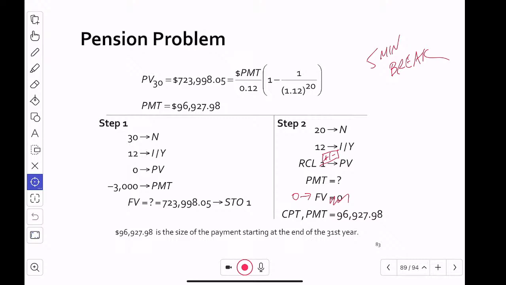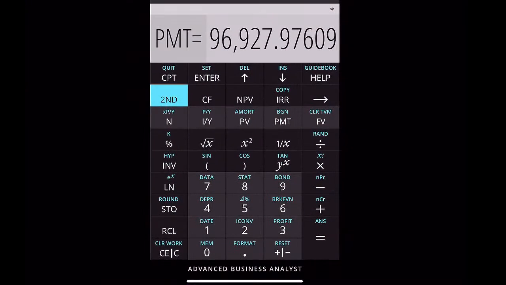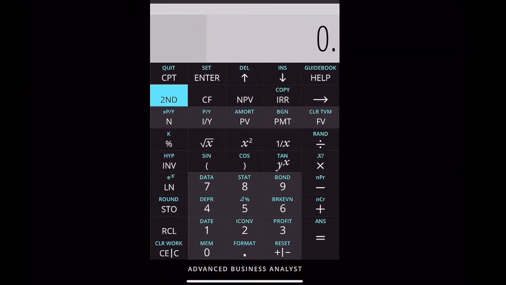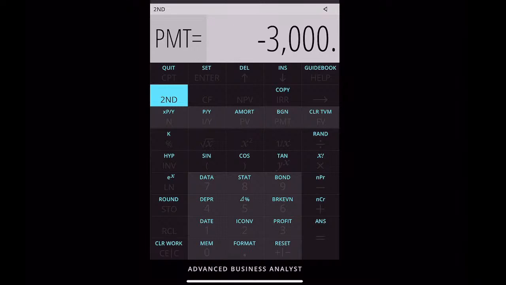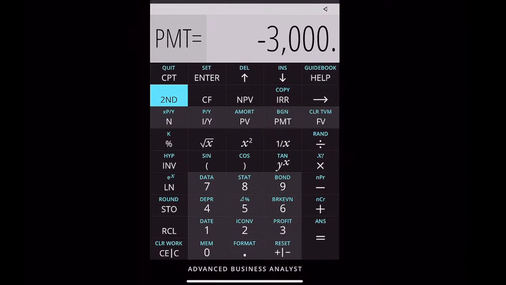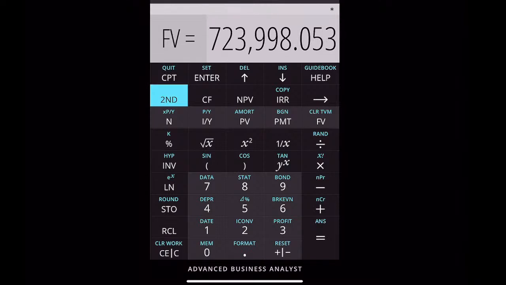I'll do it one more time, and then I'll leave it for you to practice. To get through the first step, you hit 30, N, 12, interest, 0 in PV, negative 3,000 into payment, and you ask to compute FV.